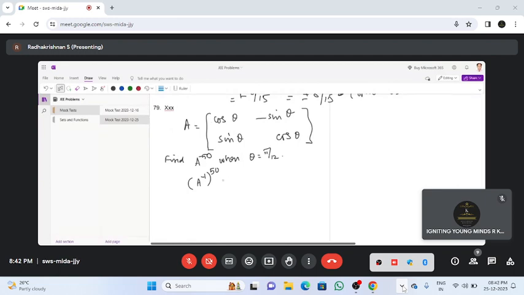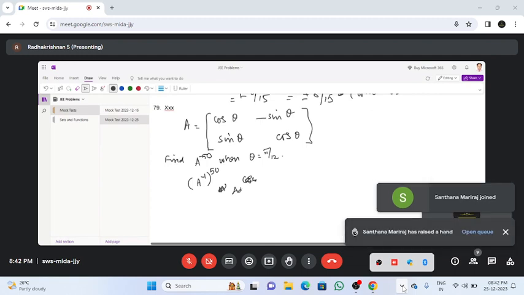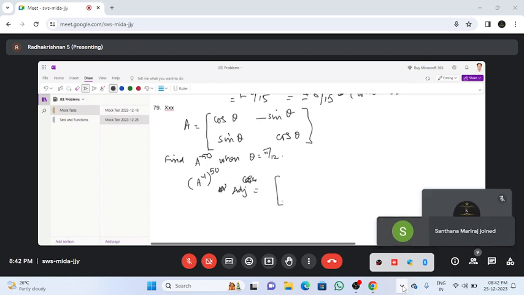So what is the inverse of this matrix? For that you have to write first the minor matrix, right? This is the minor matrix. Adjoint straight away. Adjoint is cos theta. Is already sin theta, so we write it as minus sin theta.